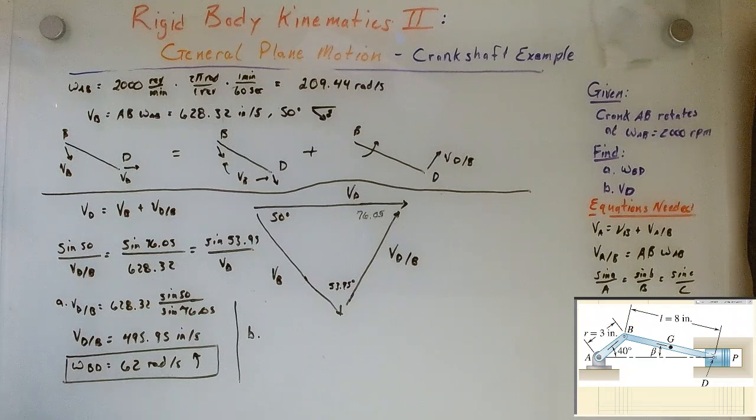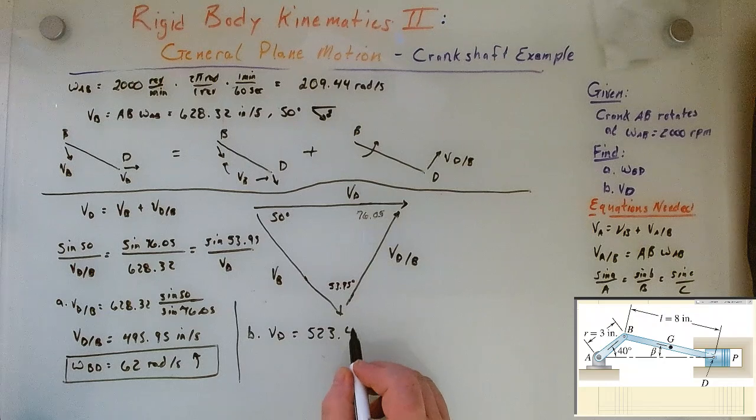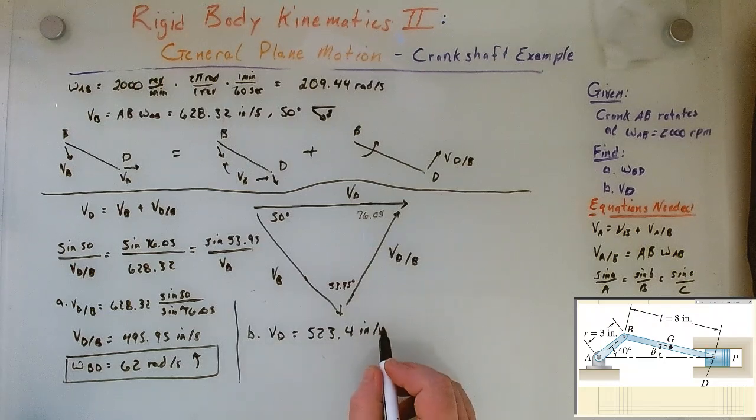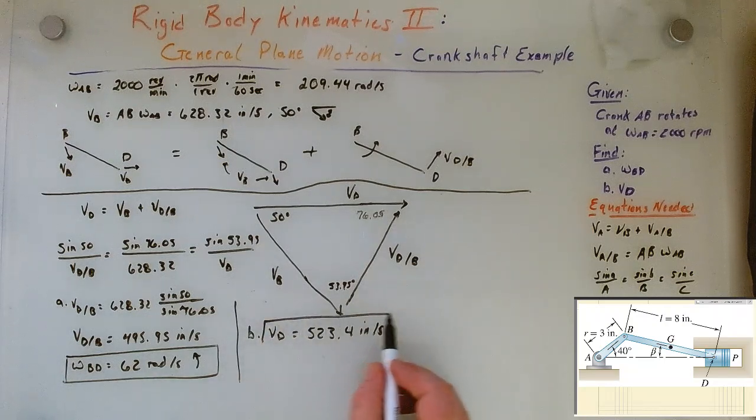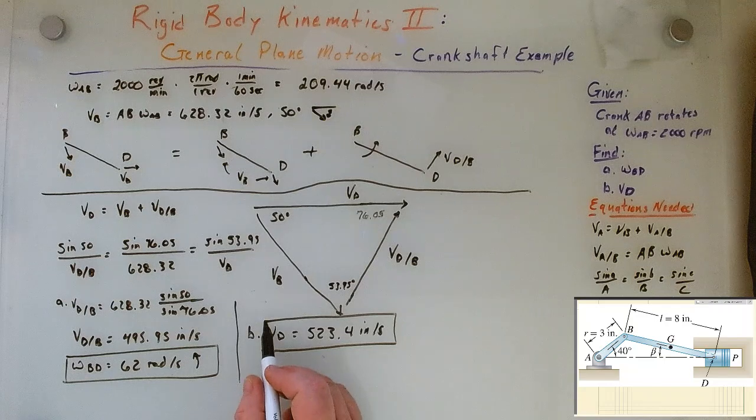I got VD equal to 523.437, so we'll just go with 523.4, and this is going to be inches per second. You could get it in feet per second, or convert it to whatever, but there you have it.